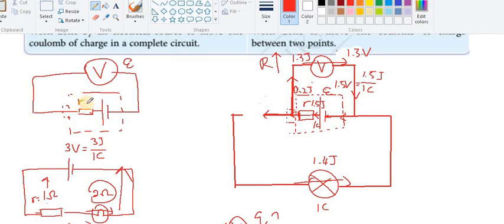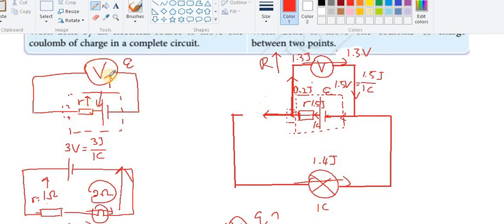But if the internal resistance is high, that means the work done will split. A significant amount of work done, or energy, will go to overcome the internal resistance.